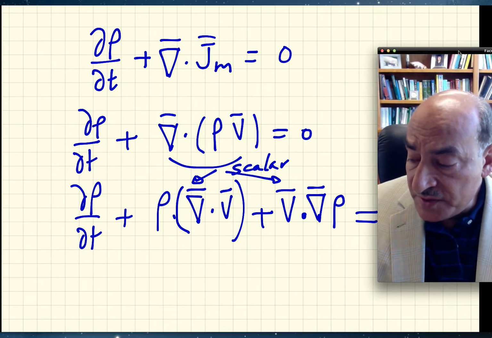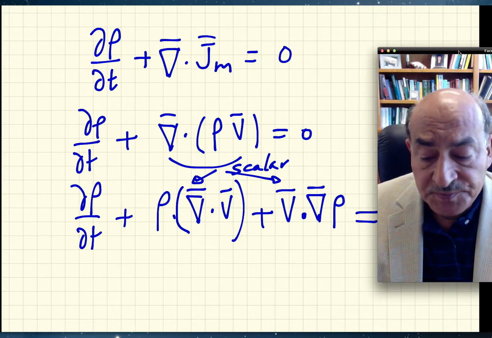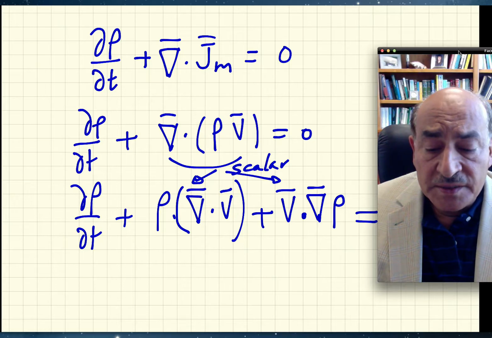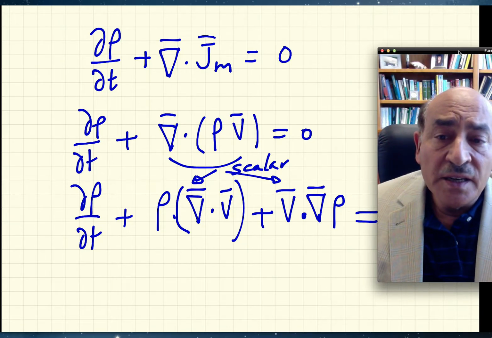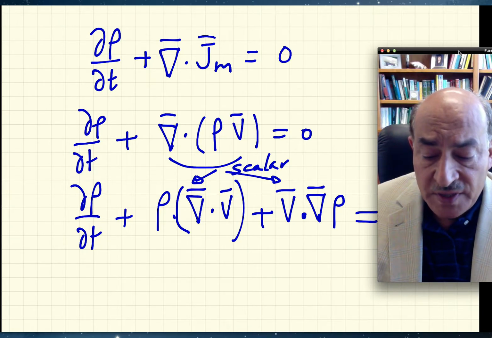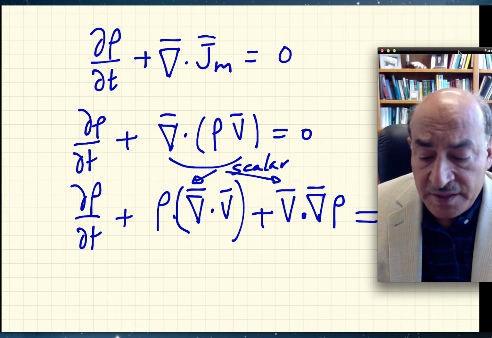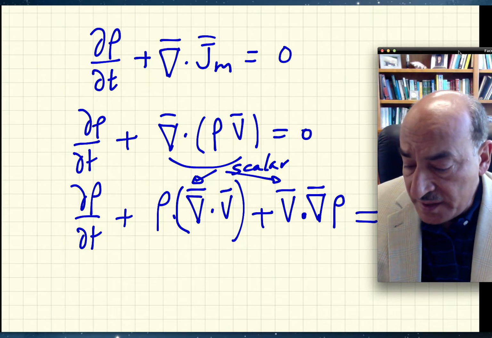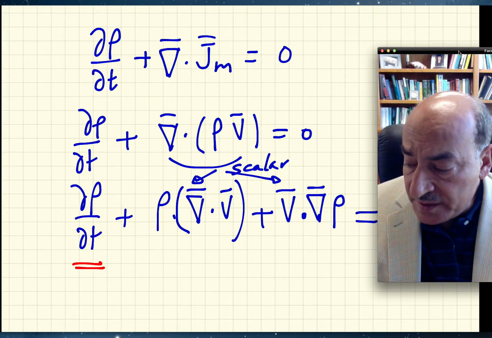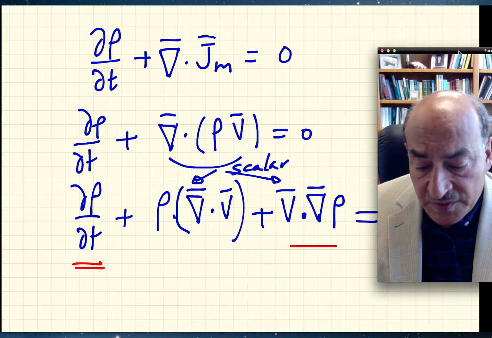So we have now this kind of expression. And we note here that there are two terms that can be collected together: the rate of change of the density and v times the gradient of the density.